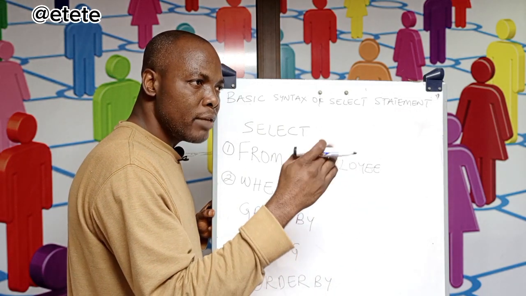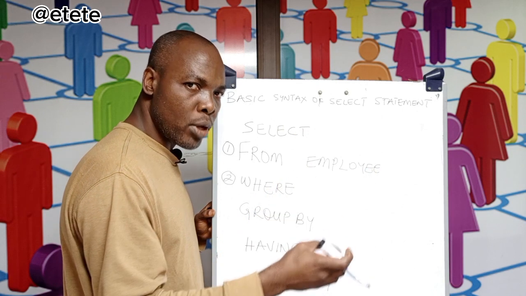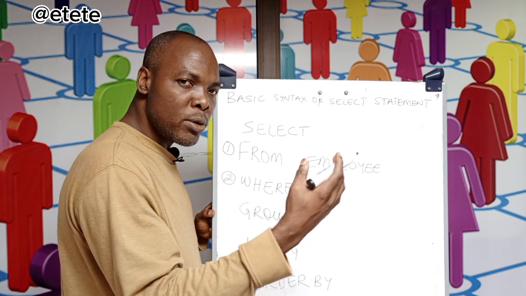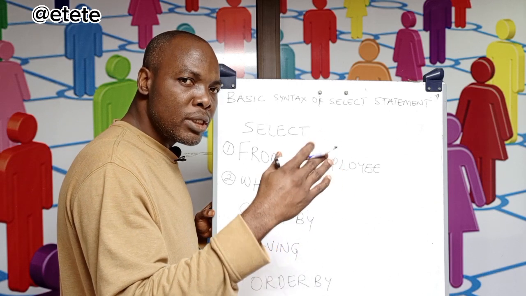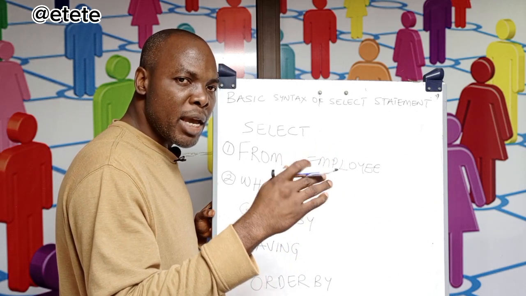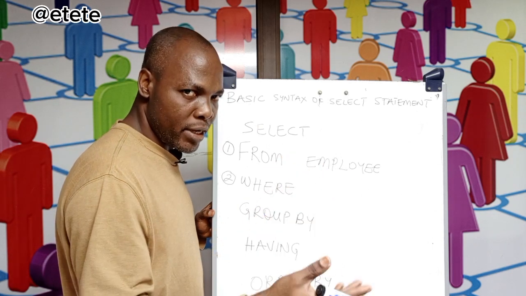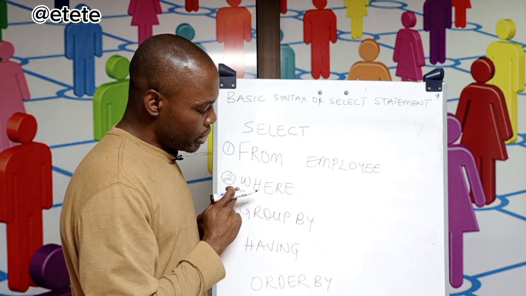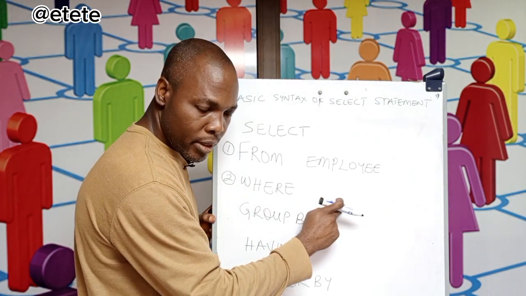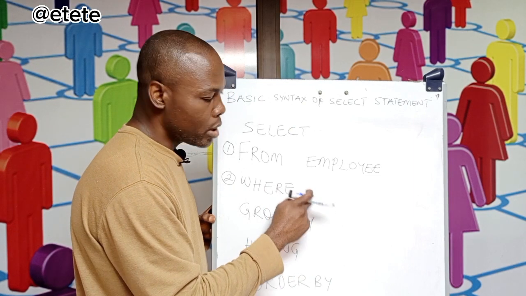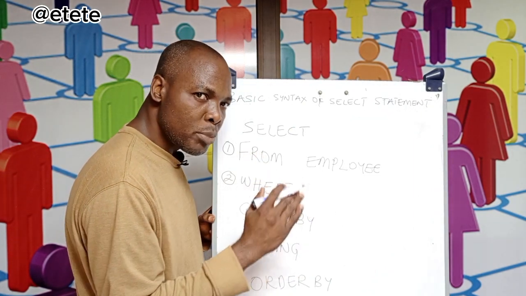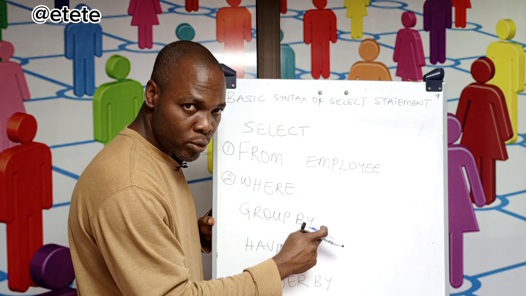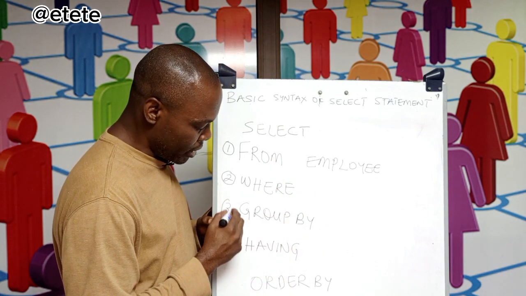If you are looking at employees from the employee table, and then you are looking at department, and you are saying, I want to determine the salary of the employees in each department, for example, you are going to say from the employee table, then you state the condition. Based on that condition, you now say, I'm grouping them into a particular group. That is what you do by using this group by. So this is number 3.